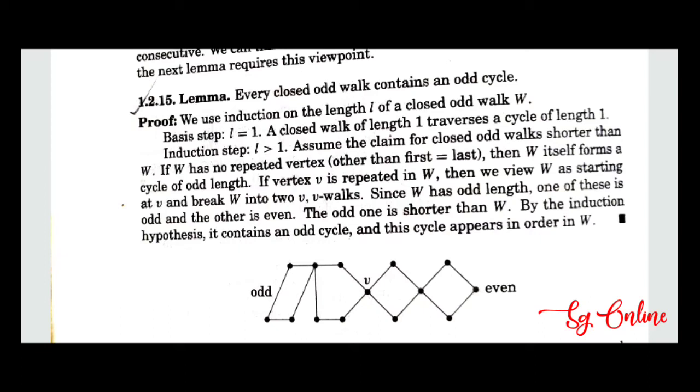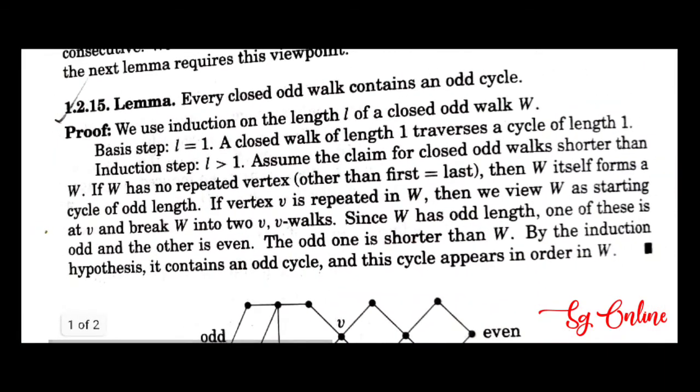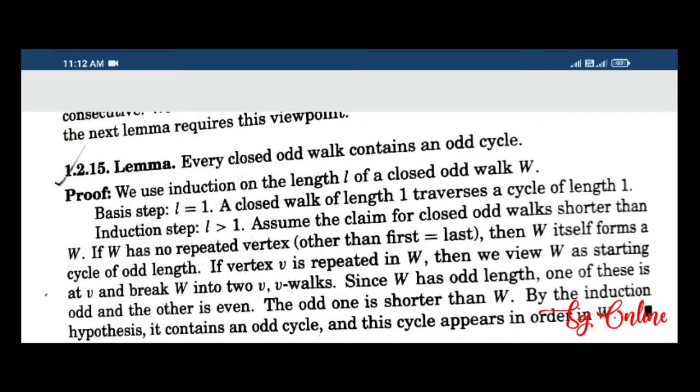And we prove this by induction on the length of the walk, say L. The basic step we complete with the case L equal to 1, so you can have only a loop here like this. Every loop is a cycle, so it is itself a cycle.